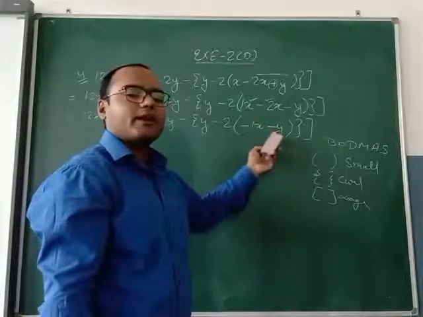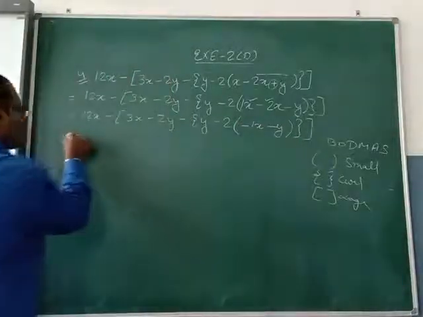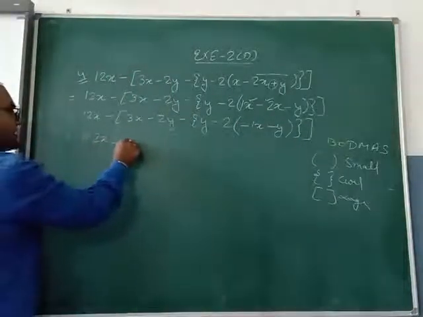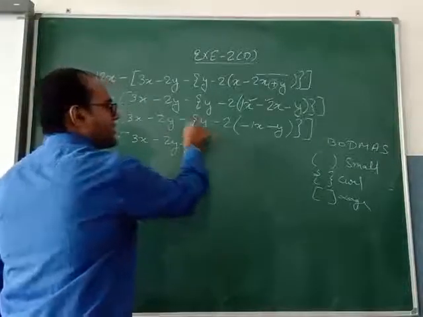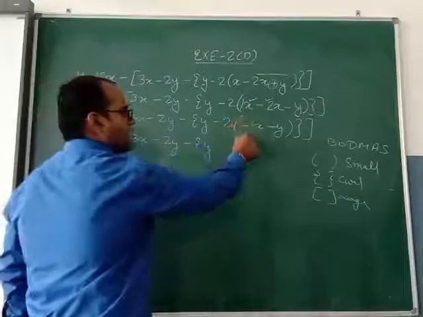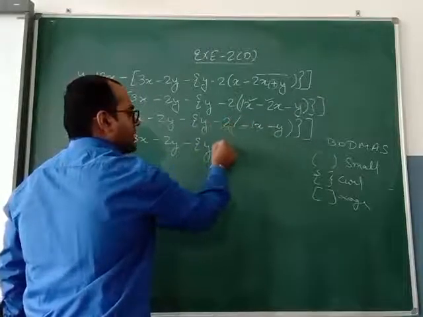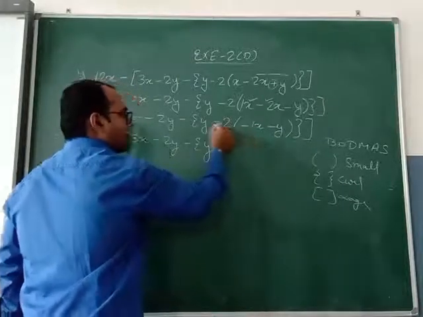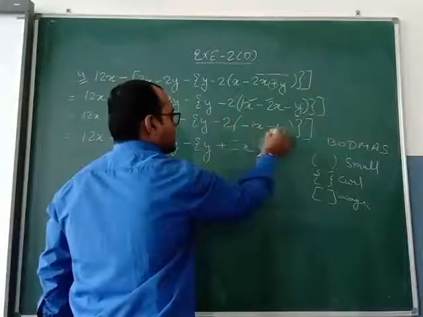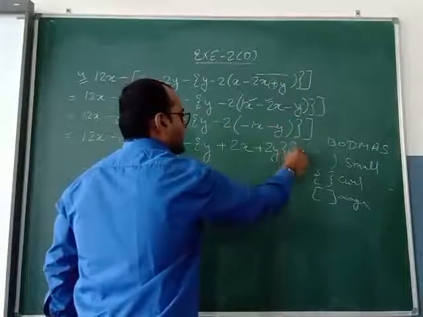This is x and this is y. So we have to remove this bracket, and the rest we write as it is, till y. Now we open this bracket, multiplying this minus 2 with both the terms. Minus and minus plus 2 times 1 is 2, and with the alphabet, minus and minus plus 2 into y is 2y. Now the curly bracket and large bracket.